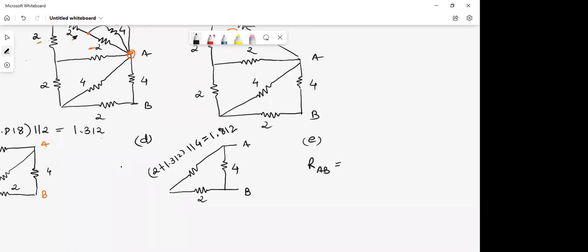This 1.812 is in series with 2, parallel 4. Calculate.